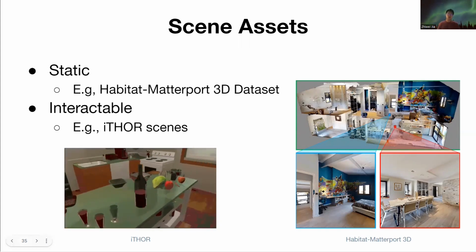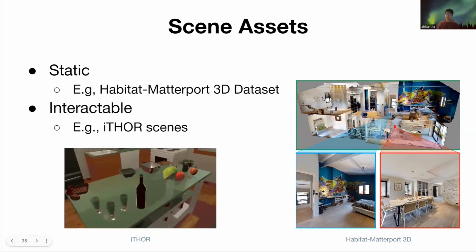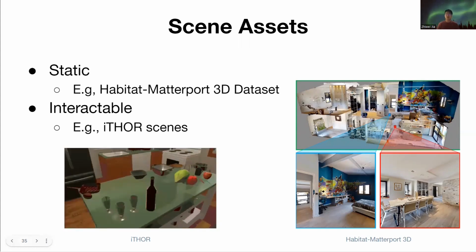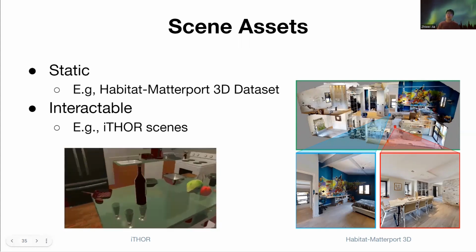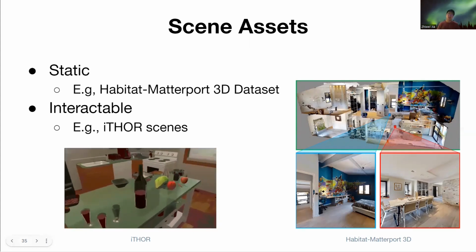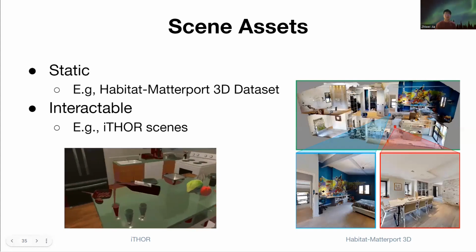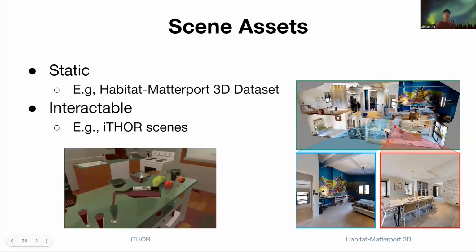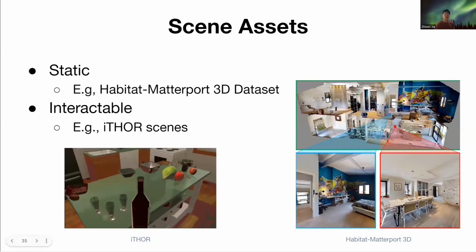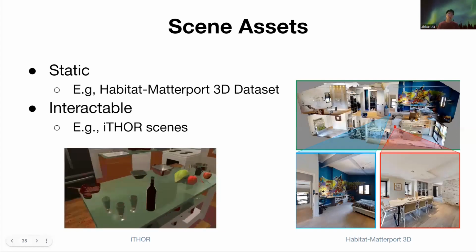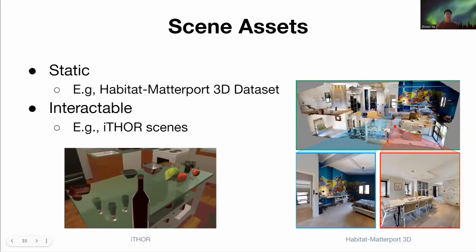Static scenes are usually used for navigation-only tasks because all the objects in the scene are fixed. On the other hand, interactable scenes, such as the one provided from iTHOR, can support a wide range of other tasks. Here, the example is the objects from the scene in iTHOR, where you can pour wine into different bottles.